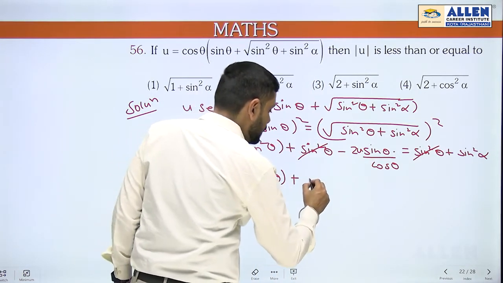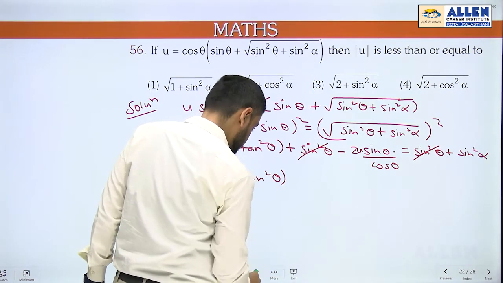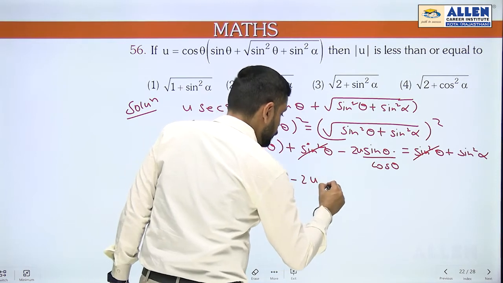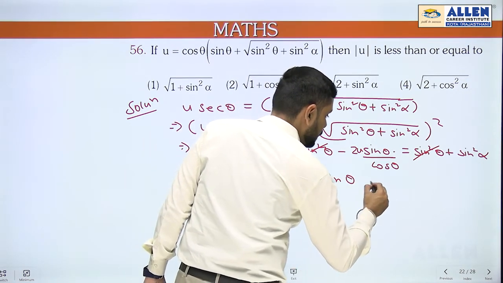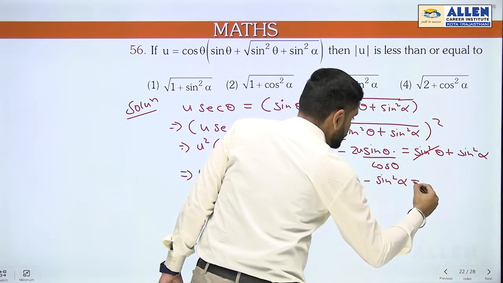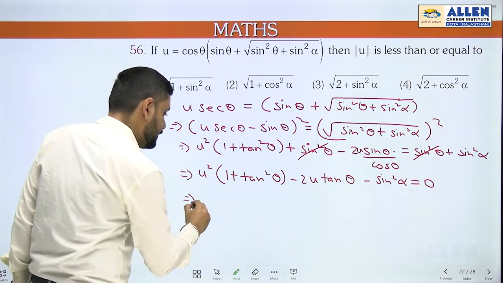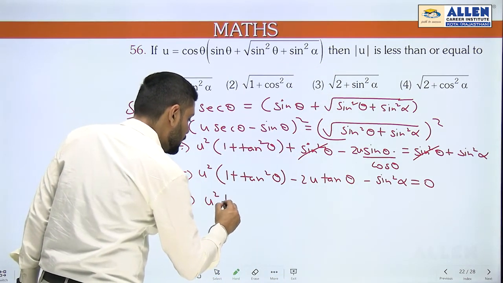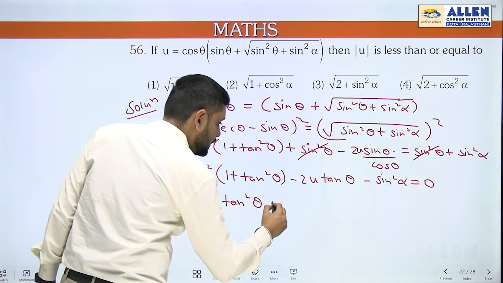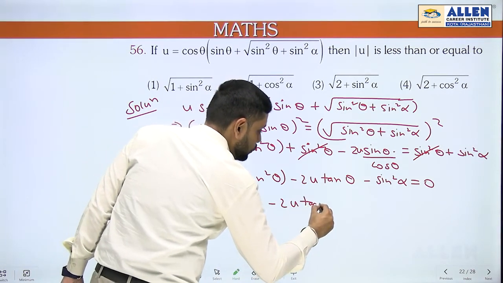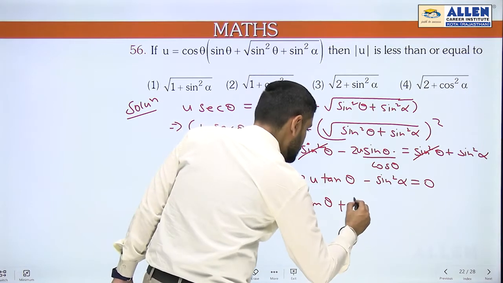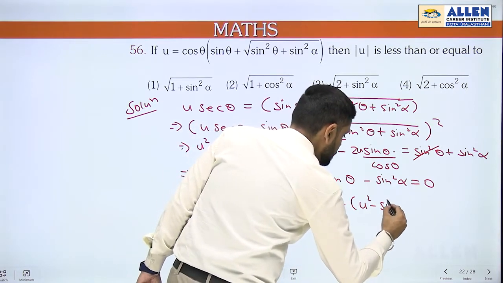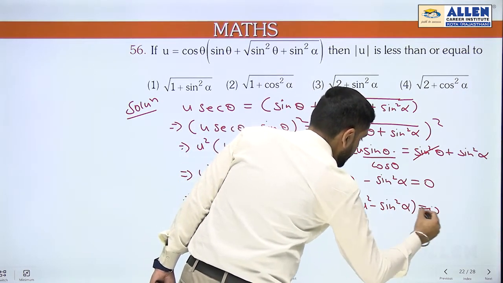And here we will get minus 2u tan theta minus sin square alpha equal to 0, and this will become our quadratic, that is u square tan square theta minus 2u tan theta plus u square minus sin square alpha equal to 0.